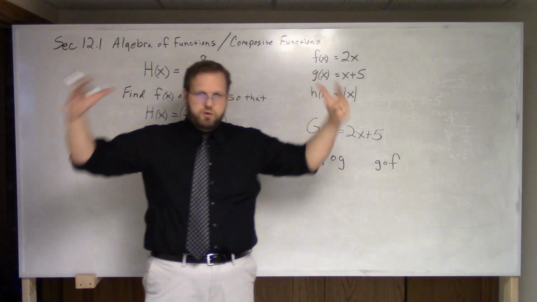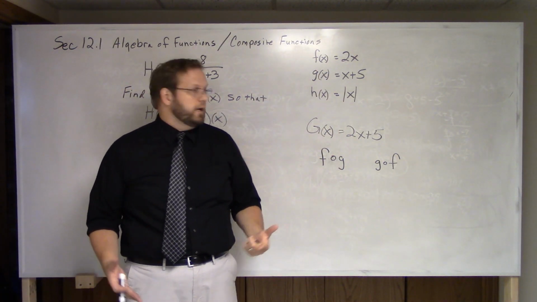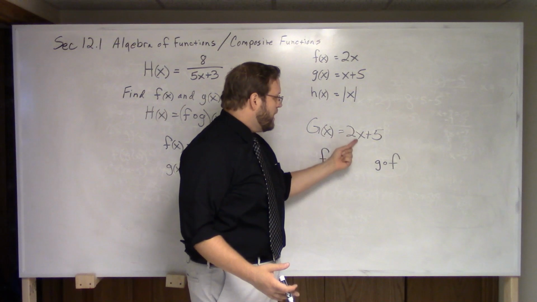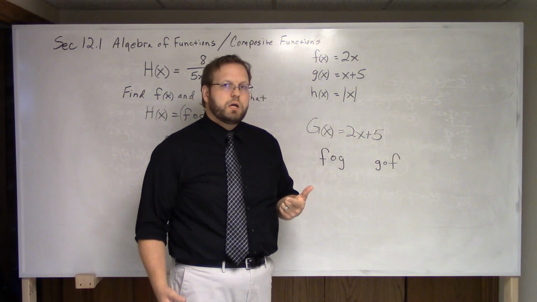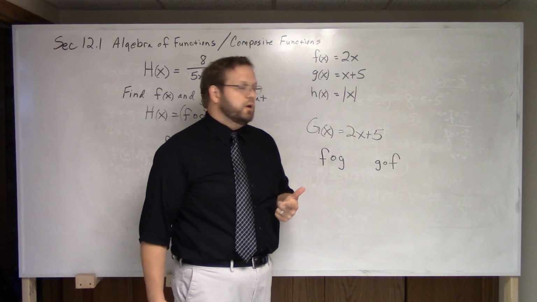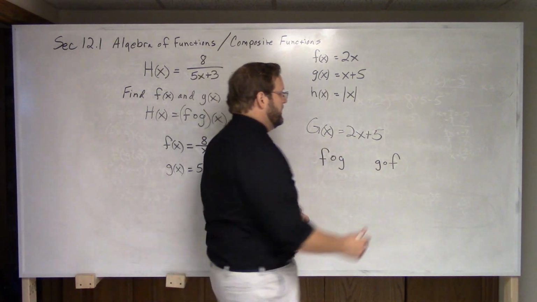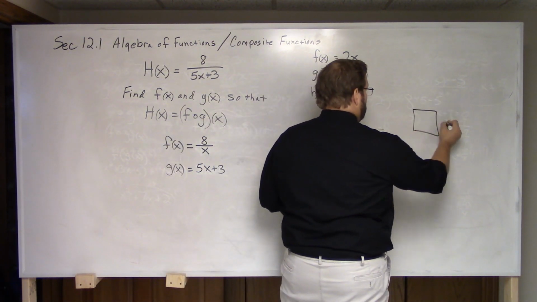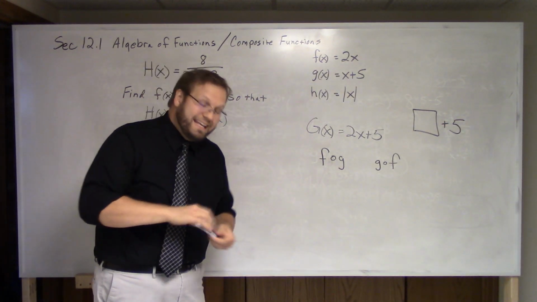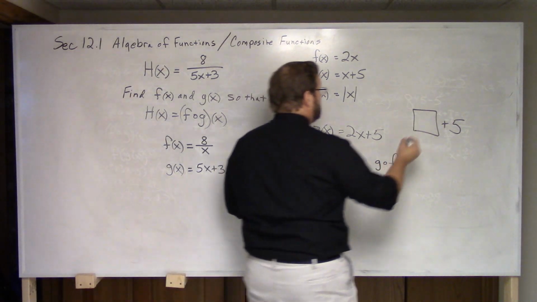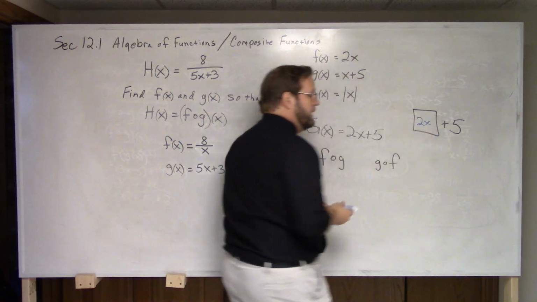What's that thing holding it all together? Okay? We don't have a quantity here holding that together, so I wouldn't say the times 2. What about the plus 5? What if we take something plus 5, and then in there we plug in that 2x?